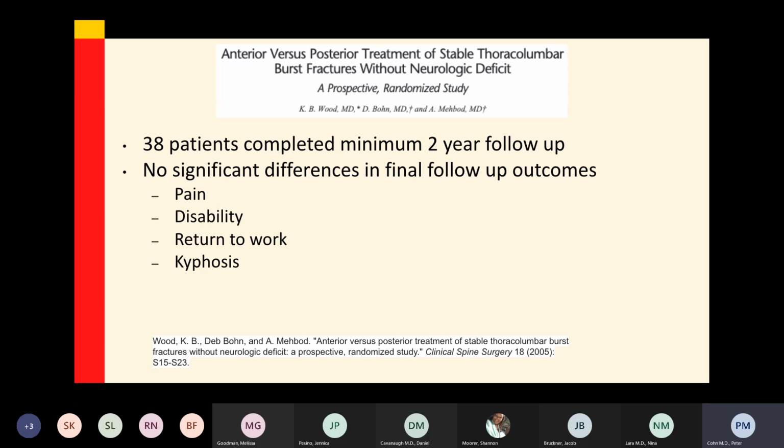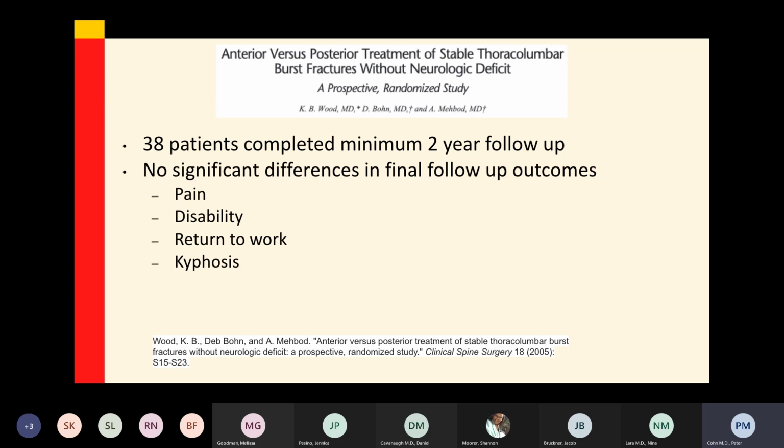And when you look at some of the studies comparing anterior versus posterior, I will say that there's some conflicting evidence. But in general, the outcomes tend to be almost equivalent.